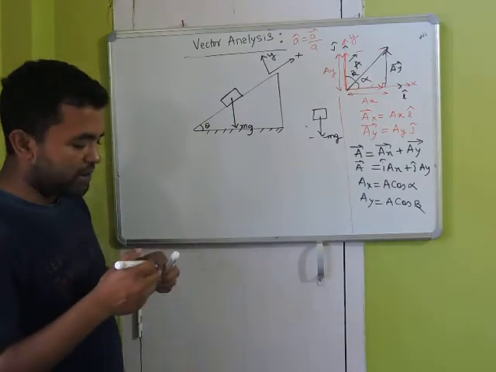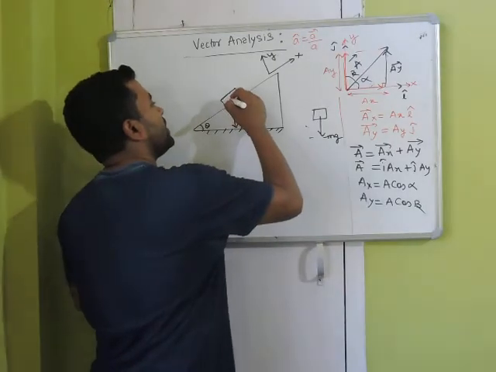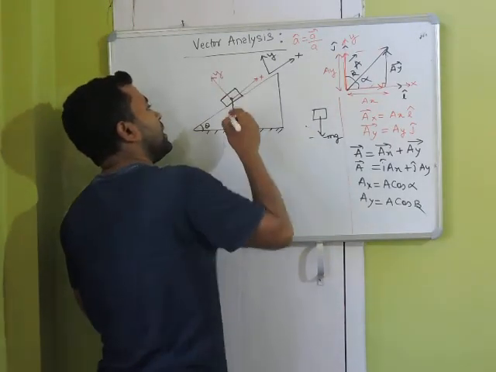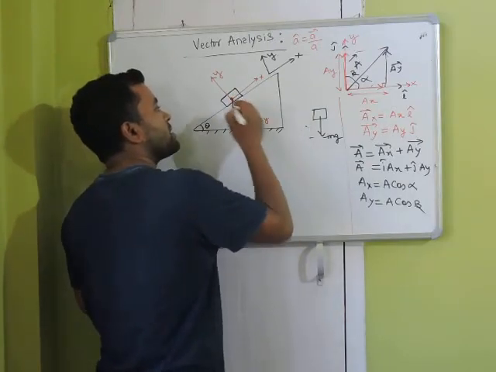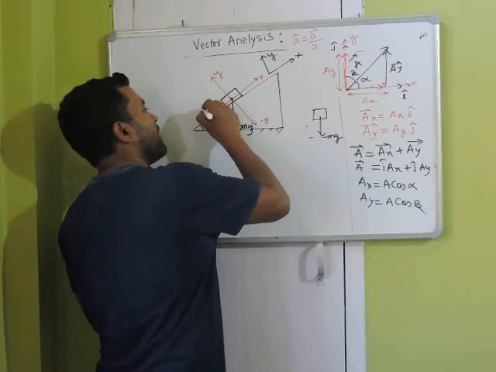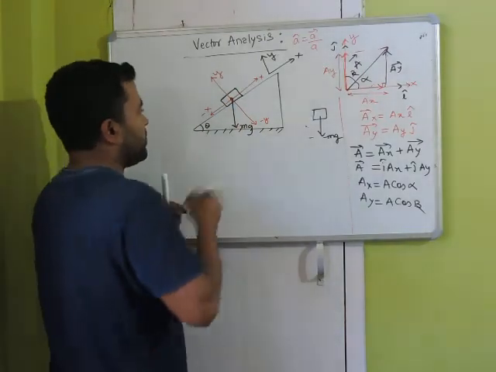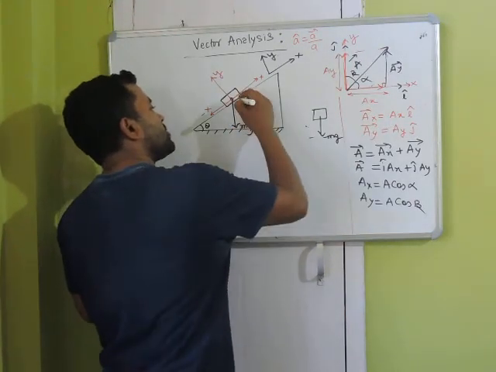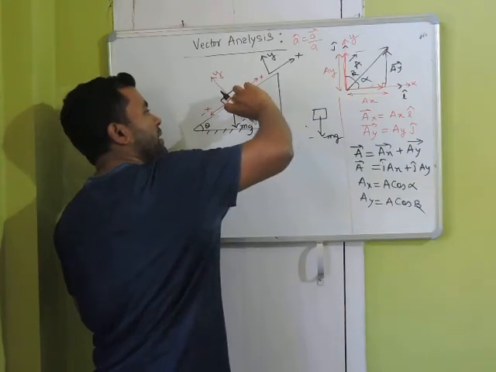Now if I have to find its component, let us go by the rule. At the tail of the vector we draw the x-axis and y-axis. Now this is my minus y-axis and this is my minus x-axis. If I draw a perpendicular from here, this will be the mg component along minus y.